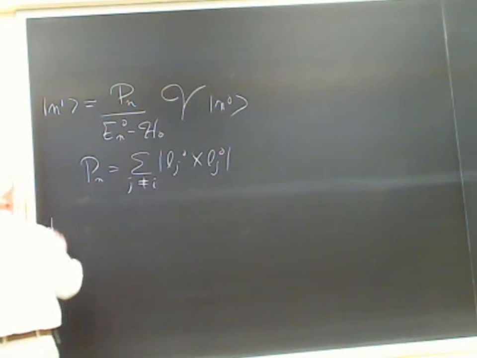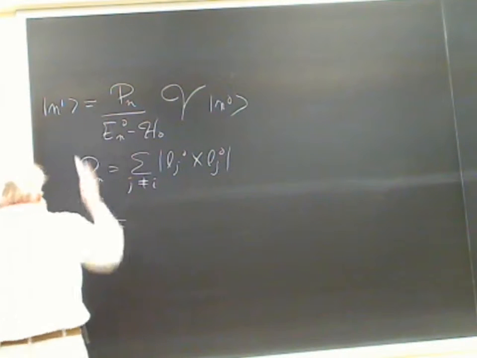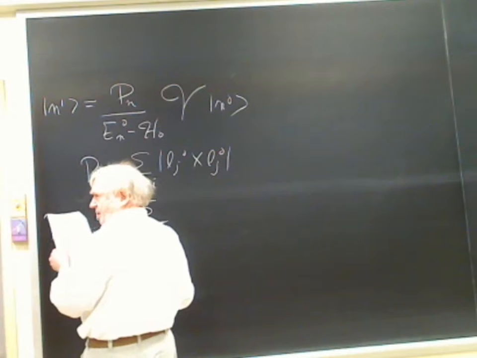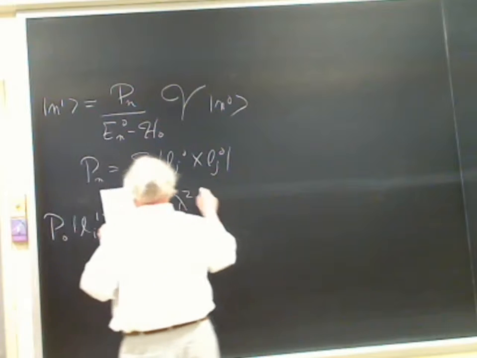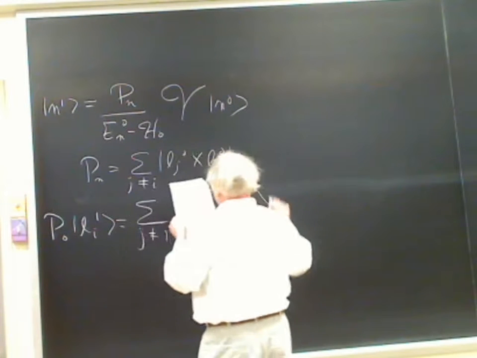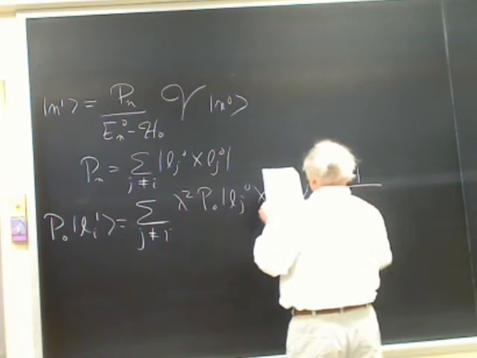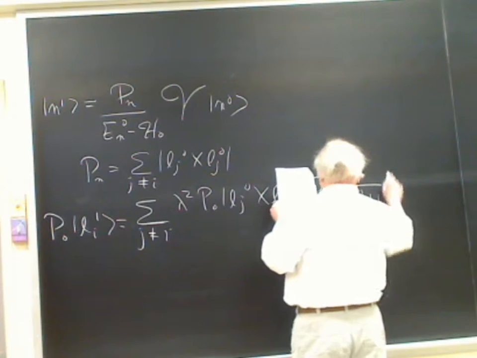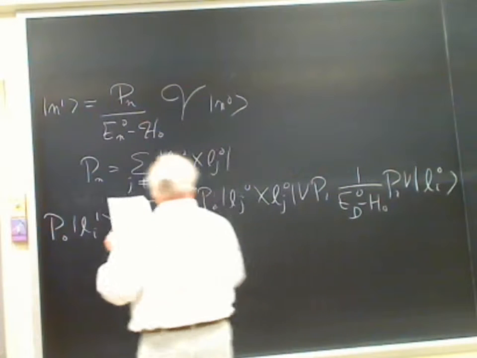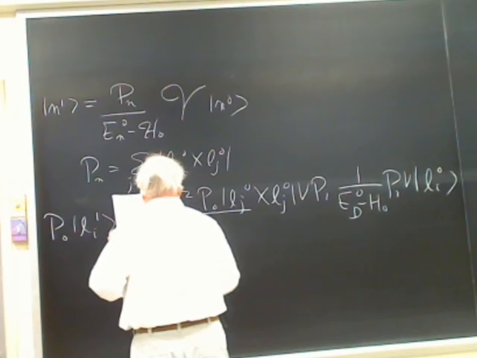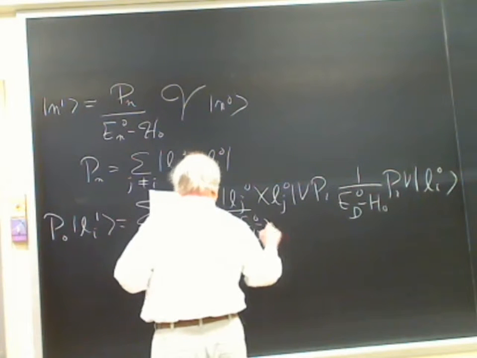And so that tells us that P0 Li1, using this expression, is the sum, oh my goodness, we're just about out of time, J not equal to I, lambda squared P0 LJ0 LJ0 V P1 1 over ED0 minus H0 P1 V Li0, and there's also a factor over here, which is ED0 plus lambda VI minus ED0 minus lambda VJ.